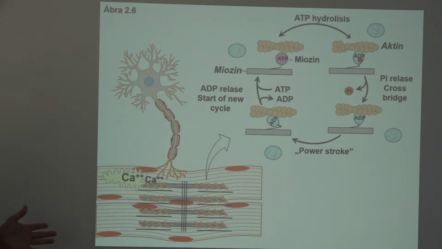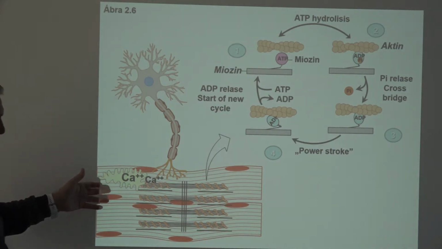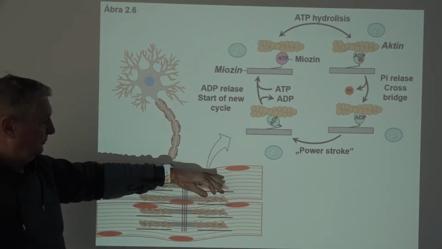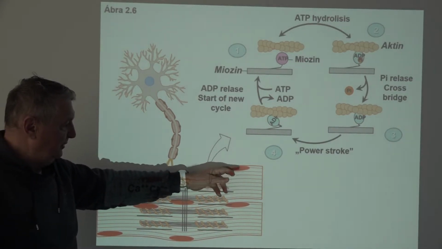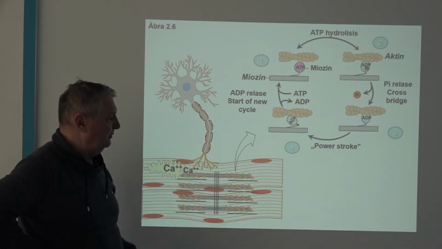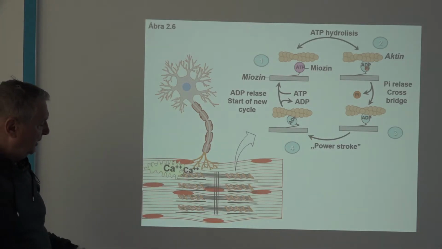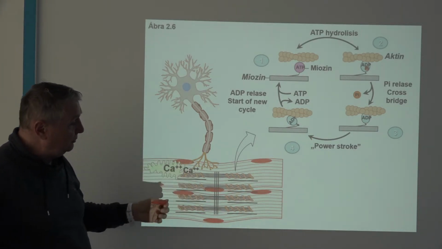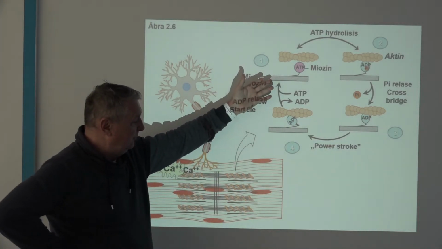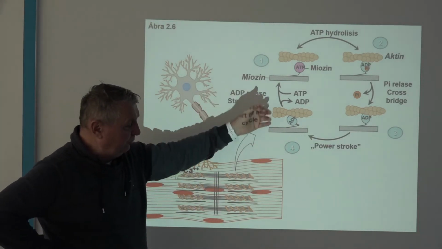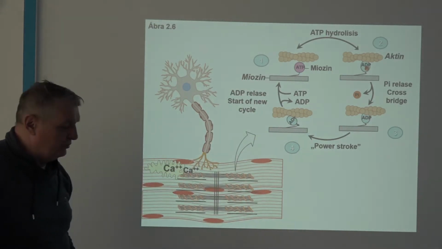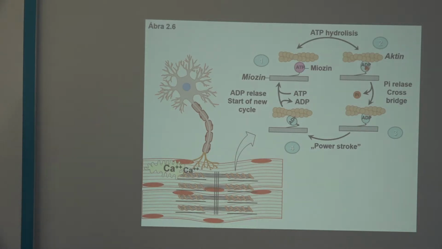So the function is the same. Mitochondria produce the ATP, and the ATP is extremely important to keep the membrane potential. That's why we have mitochondria located near the membrane, and of course we need a lot of ATP for the lot of mitochondria for the ATP production, which is used by muscle contraction.